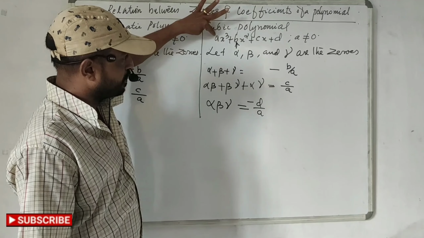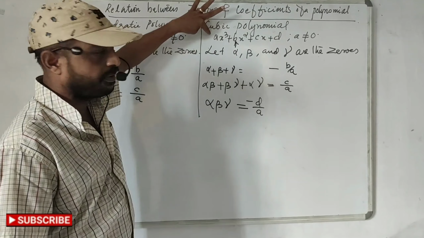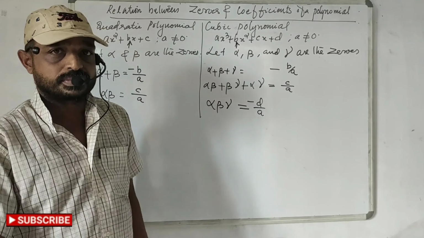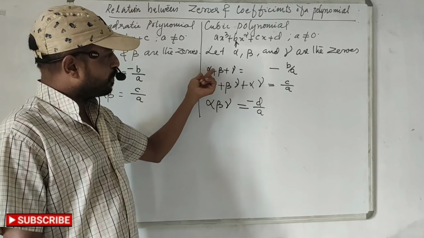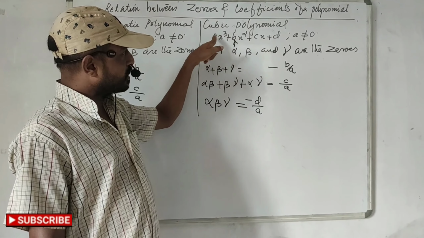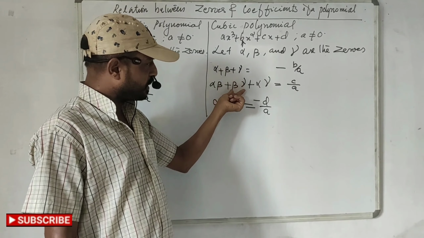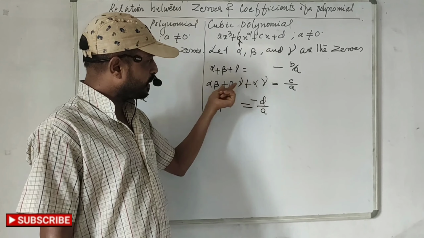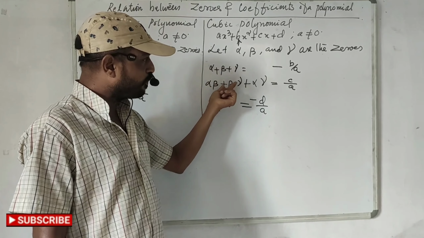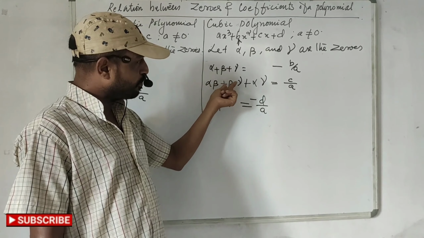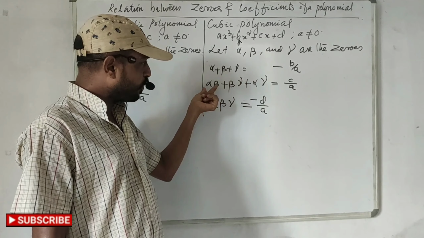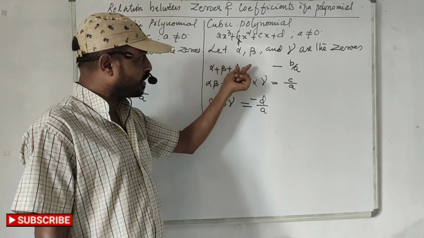Next will be plus c by a. And the last result will be d by a. It is very simple to remember. So the first term is negative. Next is alpha beta plus beta gamma plus alpha gamma. It is the sum of three terms. Sum of what? Sum of the product of the zeros taking two at a time.